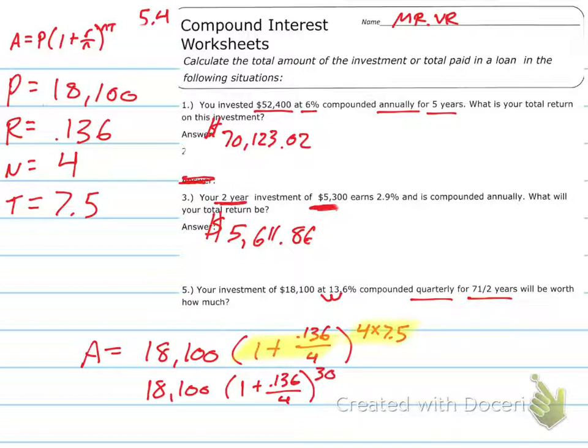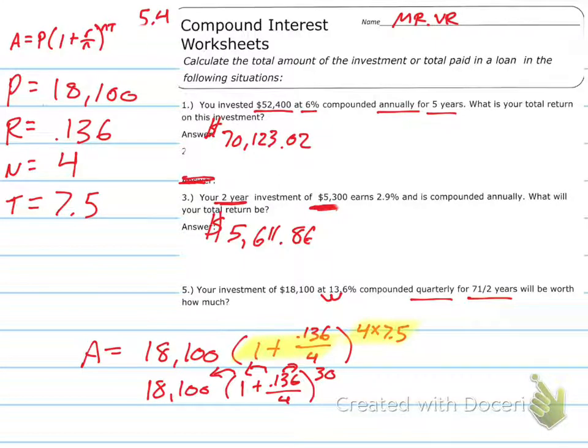So now what I'm going to do is, you could do this in your own calculator and just type it out, but I'm going to do 0.136 divided by 4, and then I'm going to add 1 to that because we do division before we do addition, and then I'm going to take that and raise that to the 30th power, and then multiply it by 18,100. So I'll say that one more time.